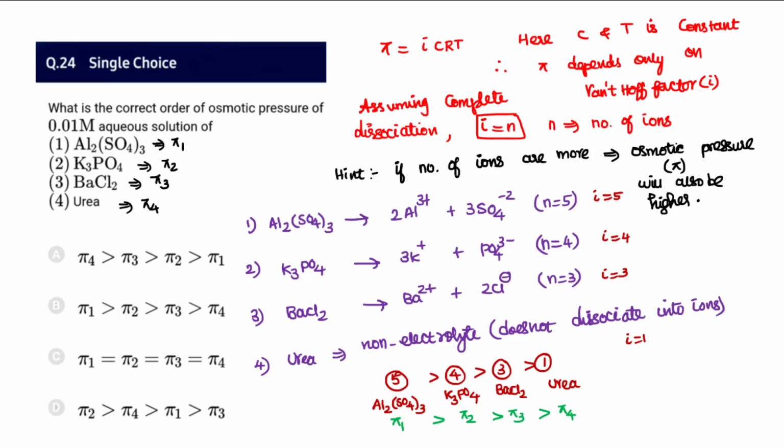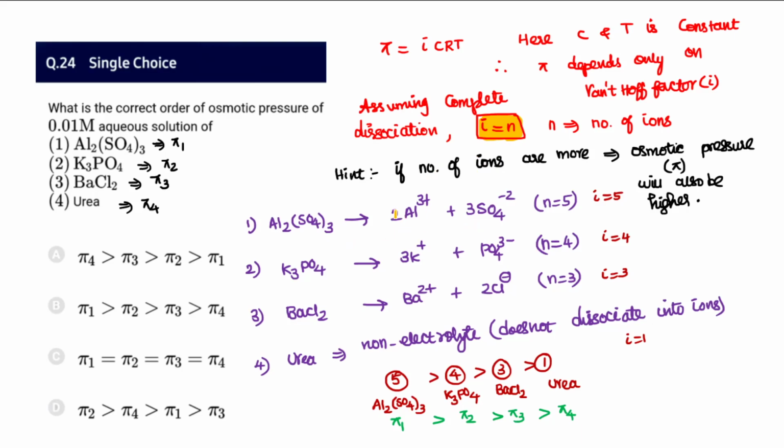So therefore what we can say is the osmotic pressure in turn depends upon the concentration and temperature, since constant, it depends only on the Van 't Hoff factor i. And assuming complete dissociation, we know the Van 't Hoff factor i equals n. This is a derivation. So i equals n, where n is the number of ions.